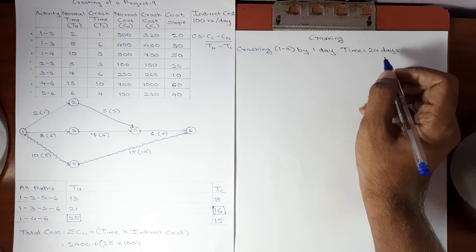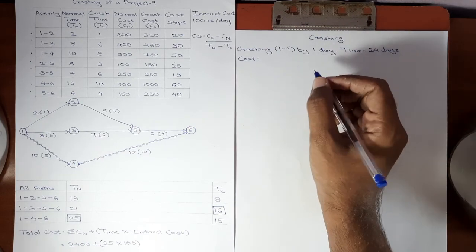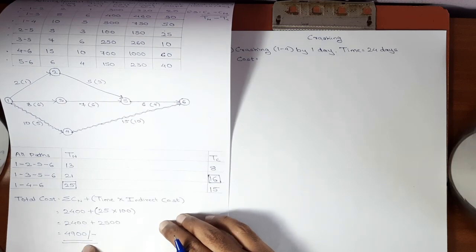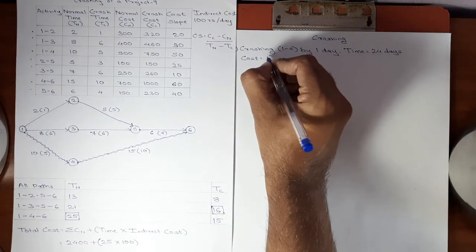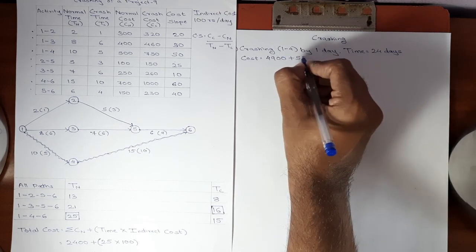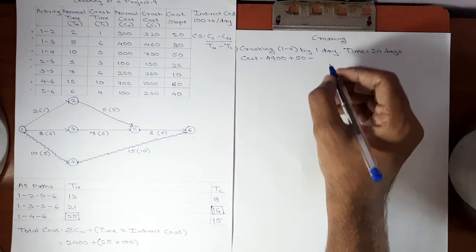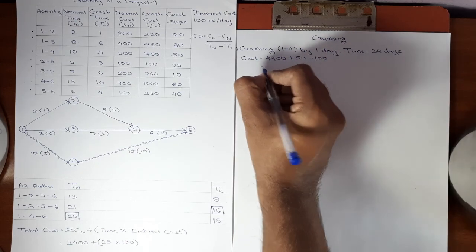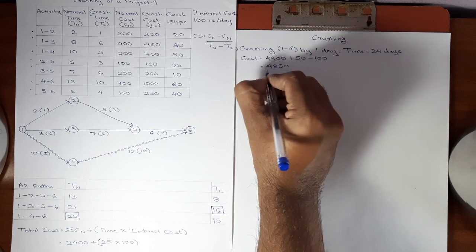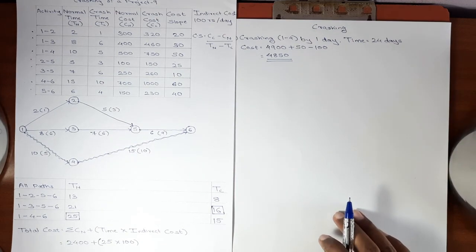That's why the time will be 24 days, and the corresponding cost, after crashing activity 1, 4 by 1 day, will be the total cost, which is over here 4,900, plus cost slope of activity 1, 4 which is 50, minus indirect cost of 1 day which is 100, because we are crashing the activity by 1 day. Here we get the answer as 4,850. The cost of the project was 4,900. Now it is reduced to 4,850.